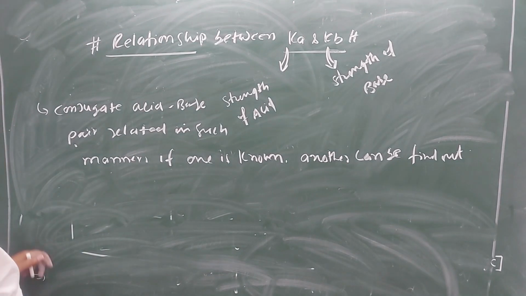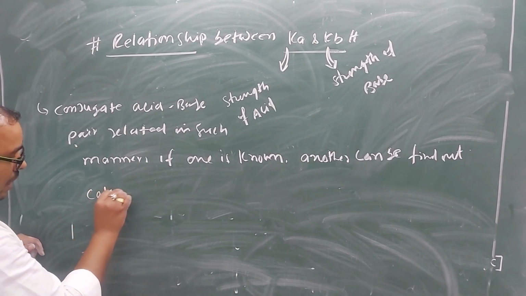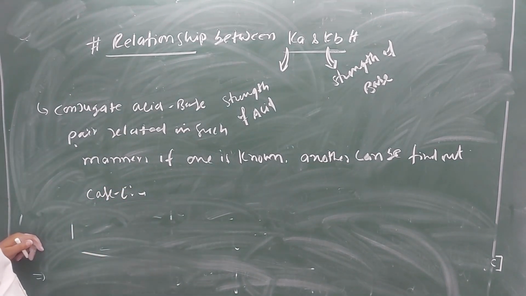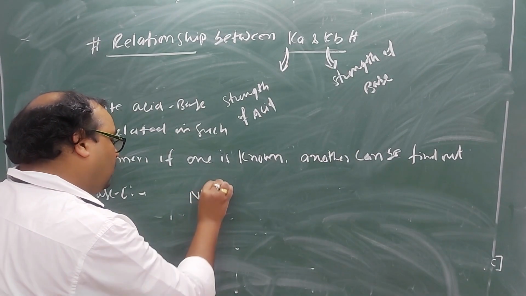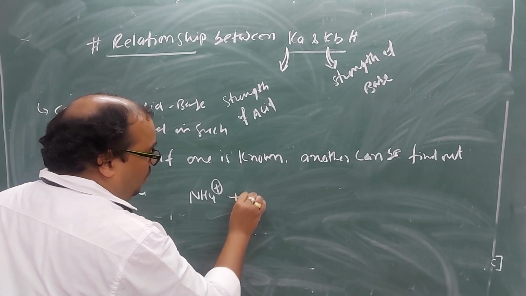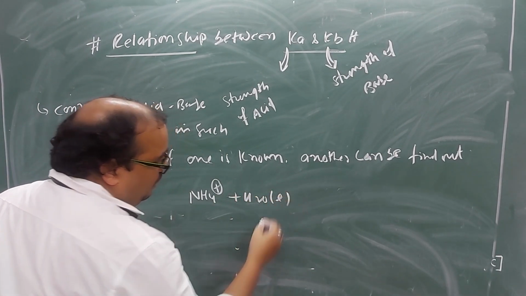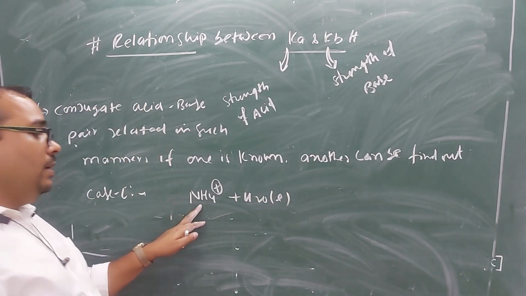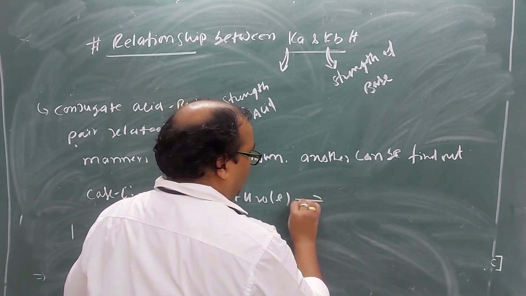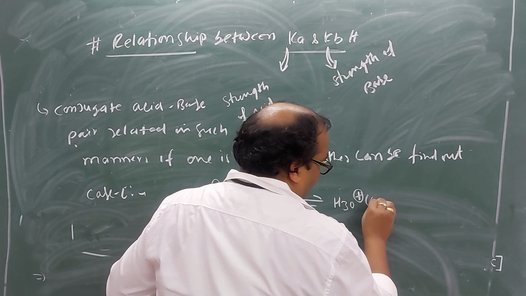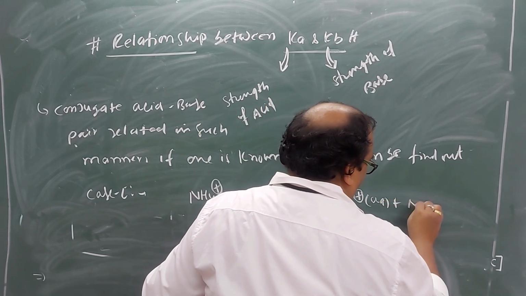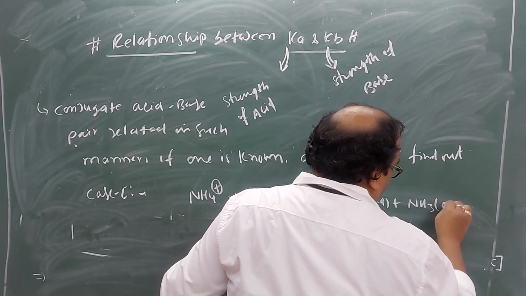I am taking case 1. If ammonium dissolves in water, what will happen here? It will give the H plus ion, so it becomes hydronium ion aqueous plus NH3 aqueous.